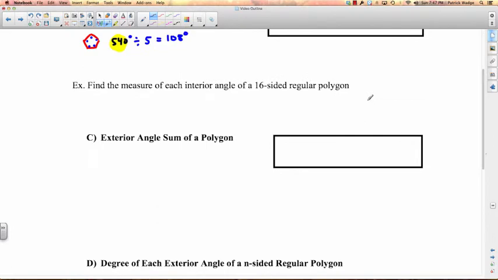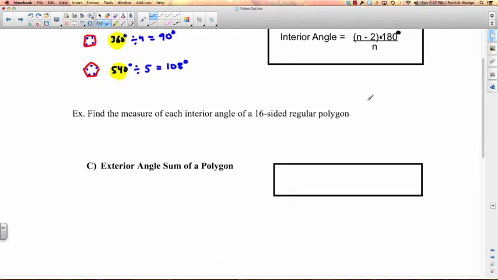Okay, so find the measure of each interior angle of a 16-sided regular polygon. We're just going to plug it in. The angle is equal to n minus 2, where n is 16, so 16 minus 2. We multiply that times 180 and divide by n, which is 16. So I get 16 minus 2 is 14, times 180, divided by 16.